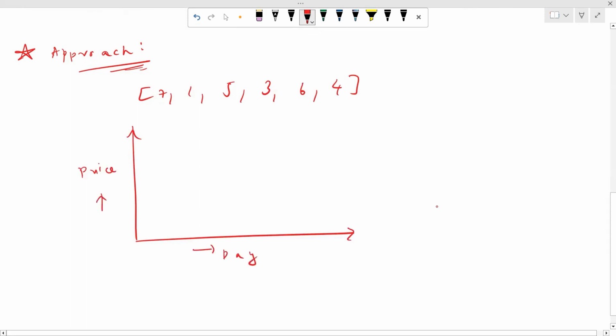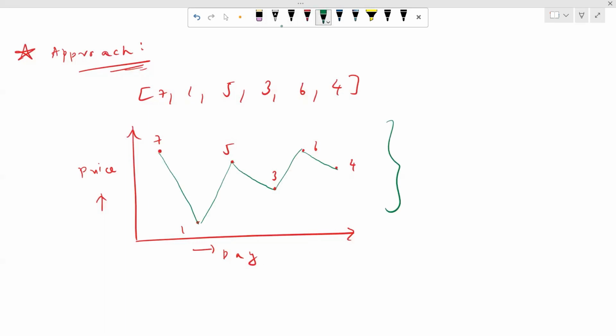Let's say this value is 7, this is 1, this is 5, this is 3, this is 6, and this is 4. So our graph looks something like this. Ultimately this will be our stock graph, right? Now we need to maximize our profit.